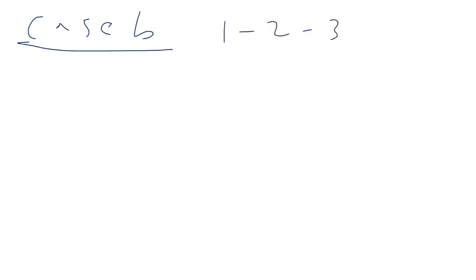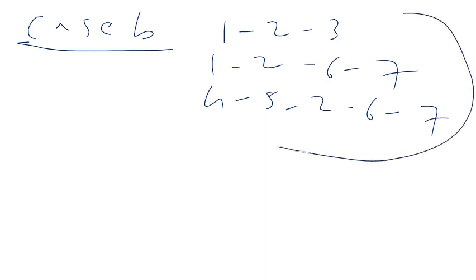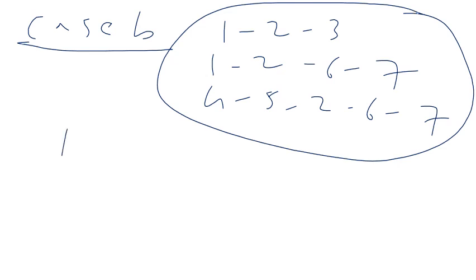Okay, as we have seen for case B, we have seen the failures along 1, 2, 3, then 1, 2, 6, 7, and 4, 5, 2, 6, 7. So for all these three possible paths for the failure of the joint, we have to find out the least A net.